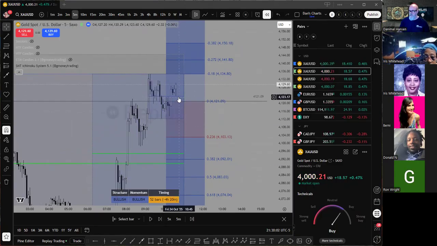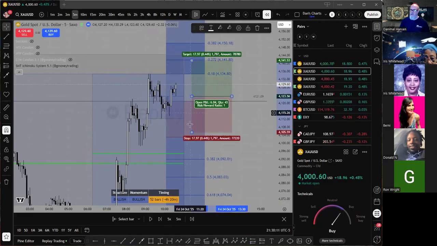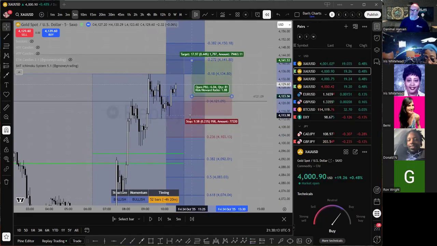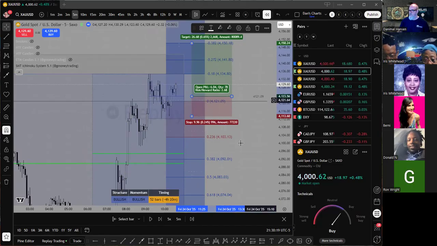Look, there it goes. So here you can just make your entry at the 50% line. Right there. Enter there. Stop loss at this low. And then take it to the extensions. A 2.5 to 1 trade. I'll take that. That's not a bad trade.